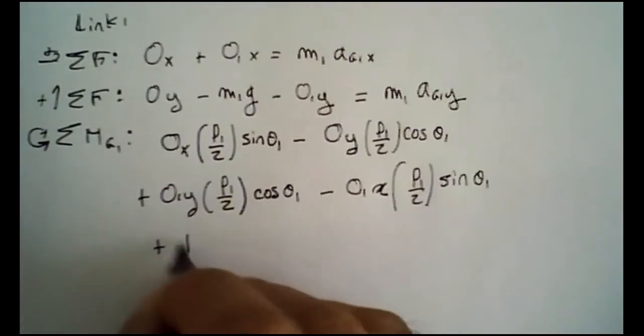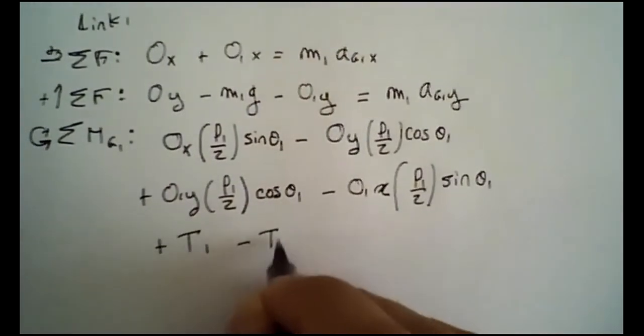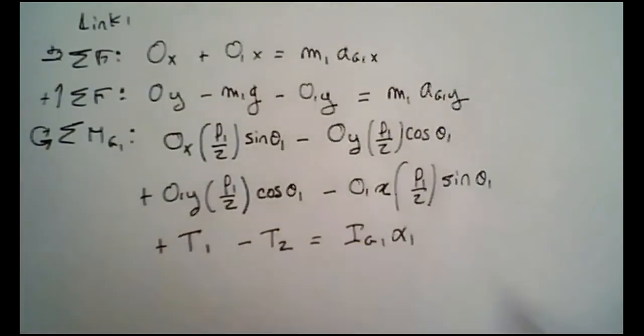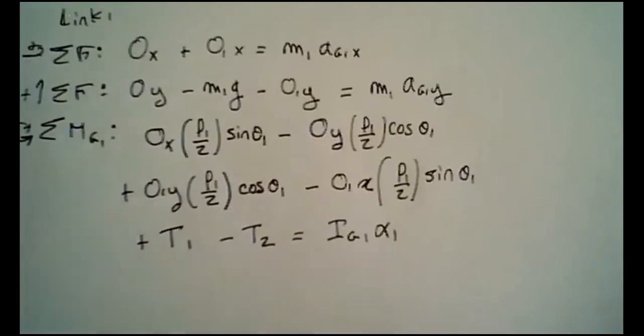So we have torque 1 minus torque 2 equal to IG1 alpha. This really captures the full dynamics.